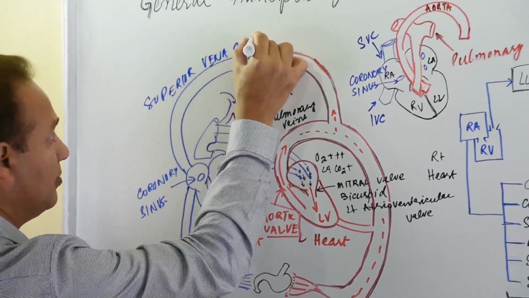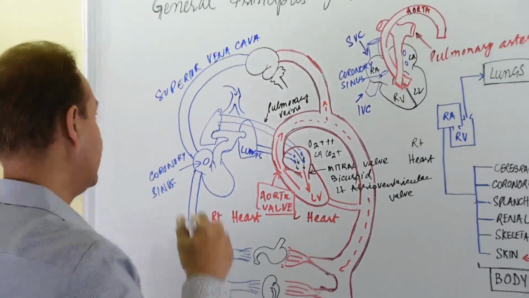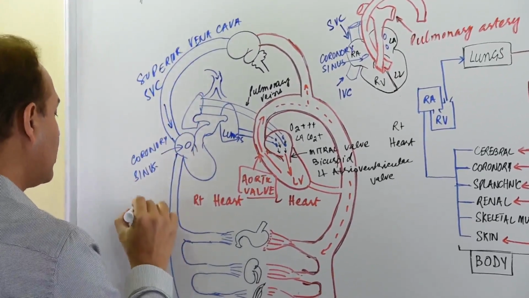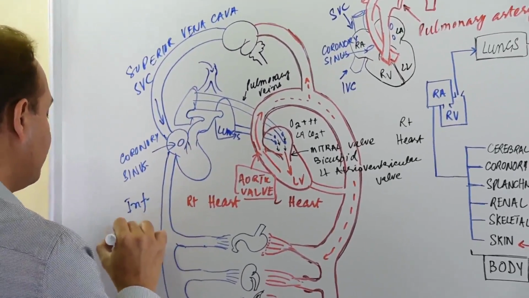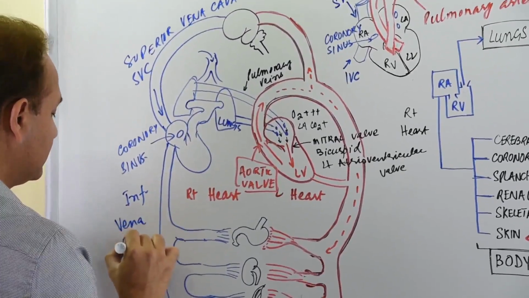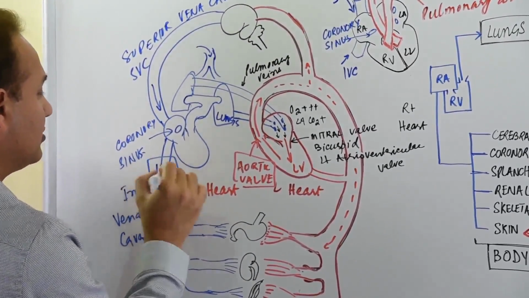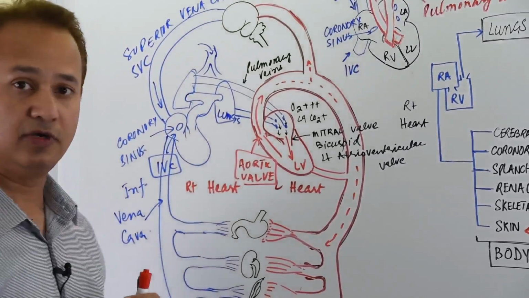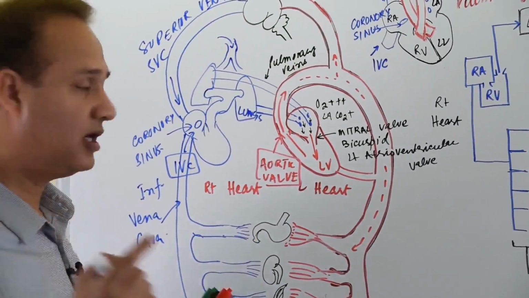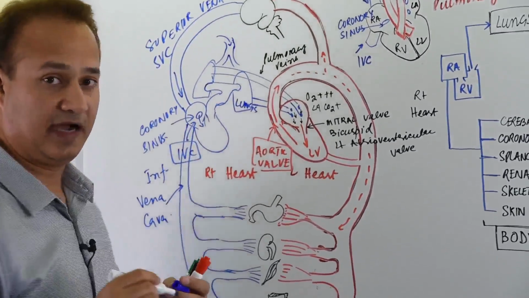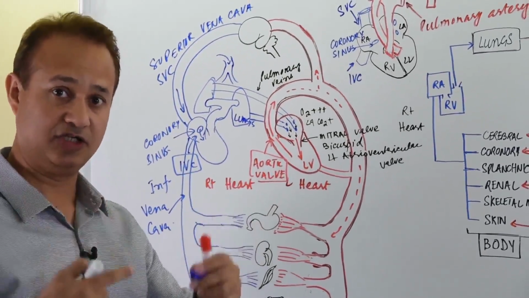which is bringing blood back from the head and neck area, or the inferior vena cava. So this is the IVC, which is bringing blood back to the right atrium from the rest of the body except the heart, and then the coronary sinus that is bringing blood back from the heart tissue itself.